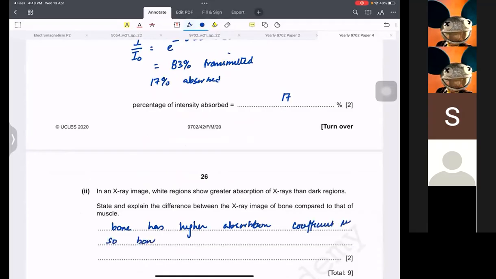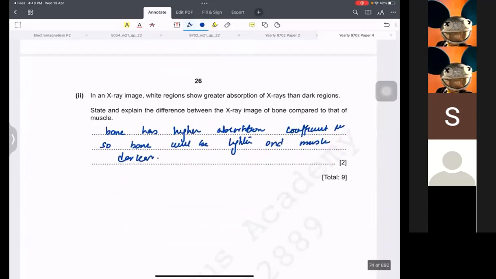So bone will be lighter and muscle will be darker. Is it clear? Right. Then going to the next.